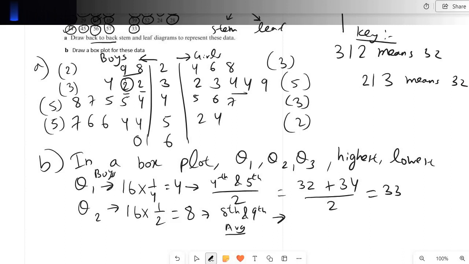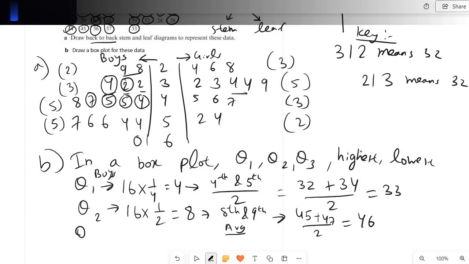First, we need to find the 8th and the 9th term. The 8th term is going to be after this because this is the 5th term. So 44 is going to be the 6th term. This is the 7th term and this is the 8th term. So the 8th term is 45 and the 9th term is 47. So 45 plus 47 divided by 2 gives us 46, and this is the median.